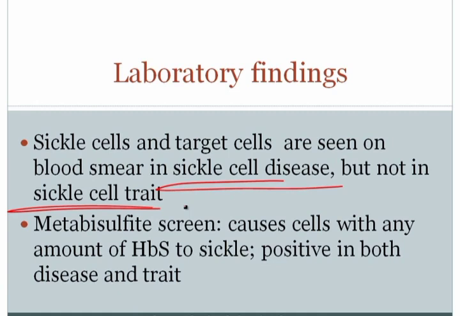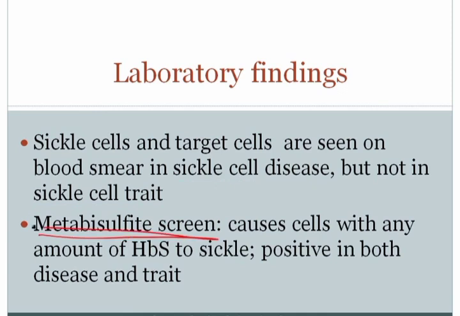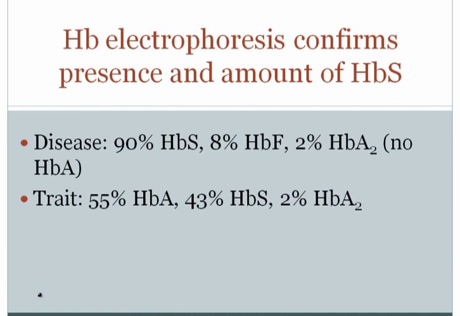However, were we to take metabisulfite, which is a chemical that can induce cells to sickle, then if there is any degree of hemoglobin S, whether it be 50% or less than 50%, it will cause the cell to sickle. So otherwise stated, a metabisulfite screen allows you to identify hemoglobin S in any cell. Therefore, it's positive in both disease and trait. So it's a nice screening test if you're worried about sickle cell trait, for example.